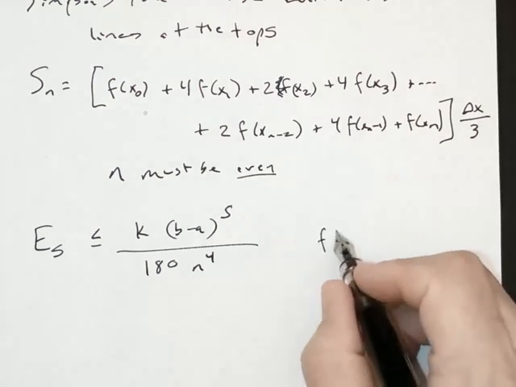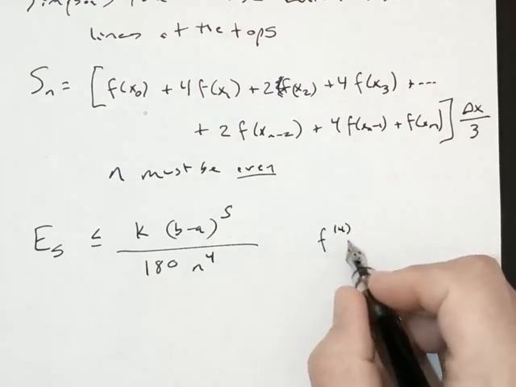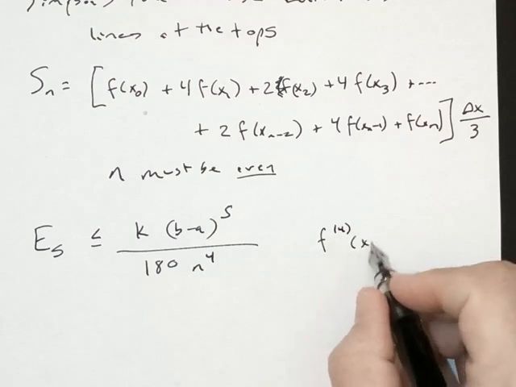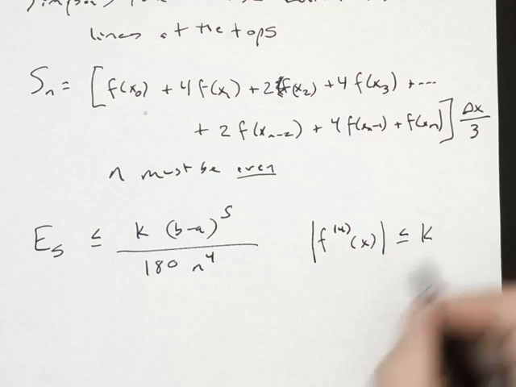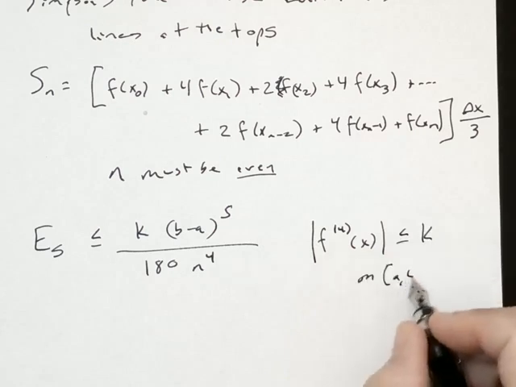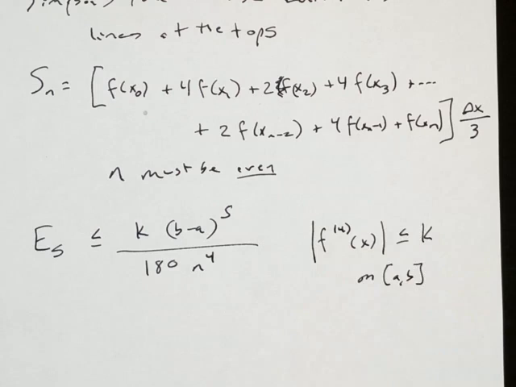K is a bound for not f prime or f double prime, but the 4th derivative. So my error gets orders of magnitude smaller. Yes. My top gets bigger, but my bottom gets a lot smaller in the process.